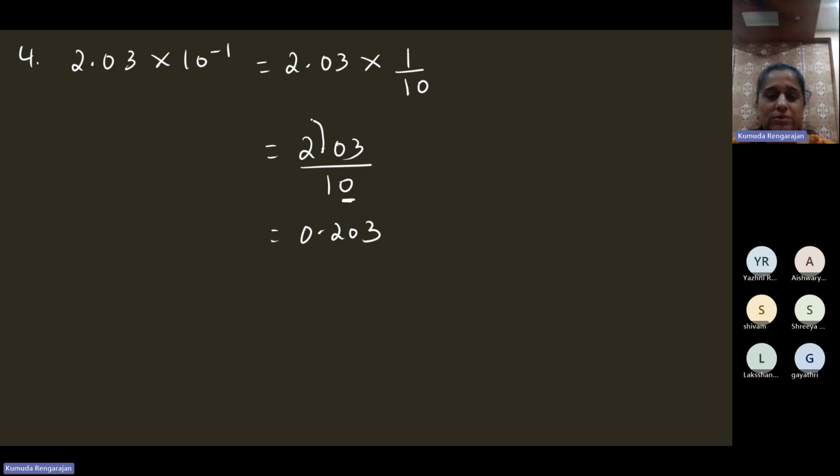So the decimal point will be shifted to the left by 1 place because only 1 zero. And that's how we get 0.203.